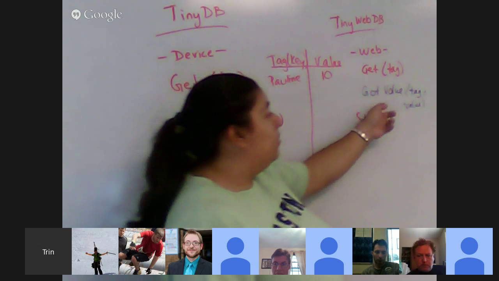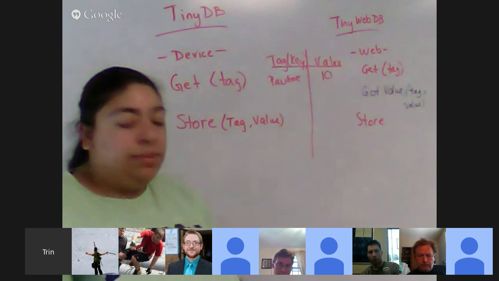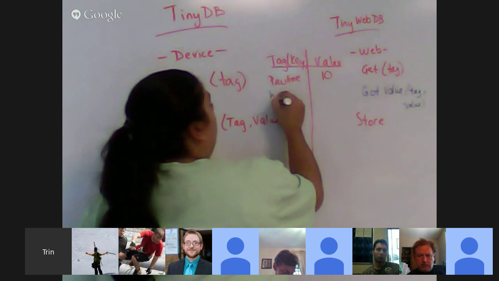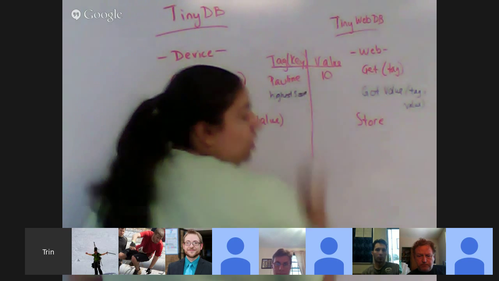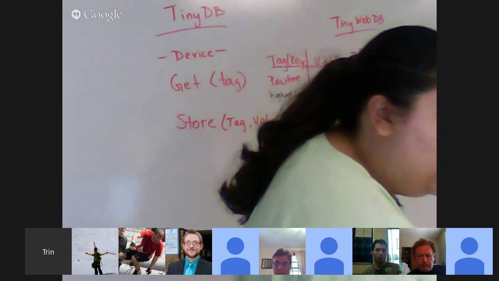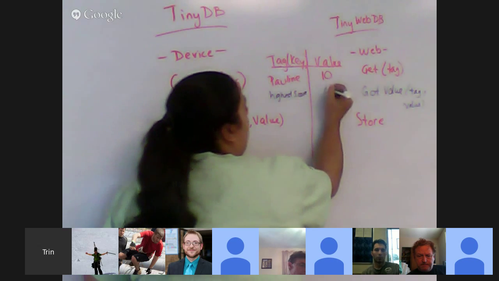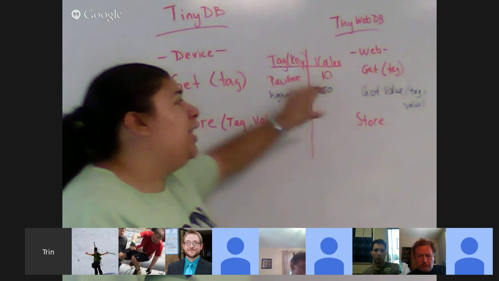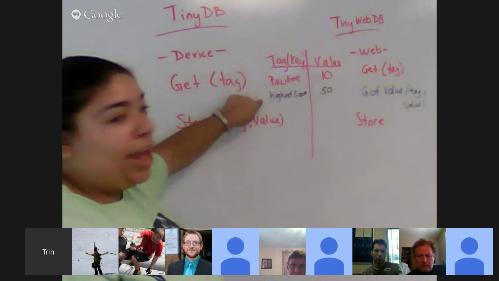This also helps you when you're requesting more than one piece of information, right? So I may have in here highest score. If the highest score ever is 50, if I want to play my game, I'm going to need both of these. I'm going to need to know my score and the highest score.